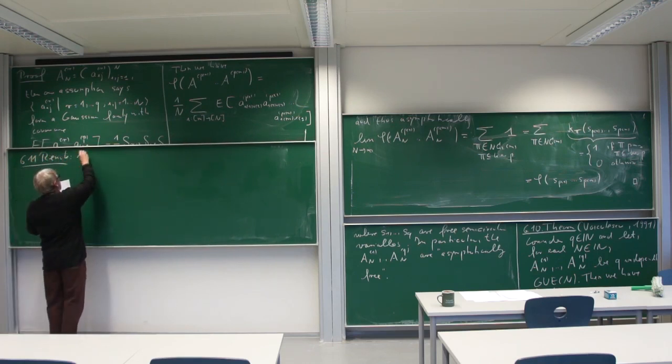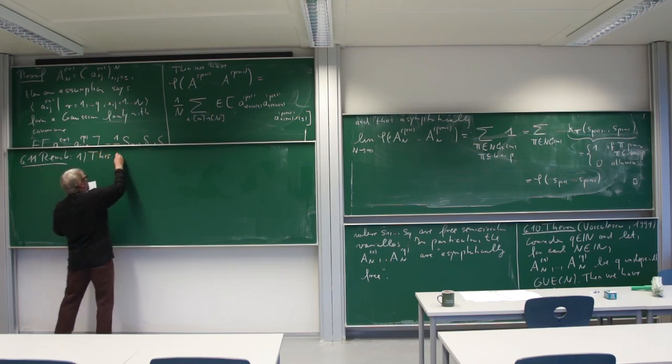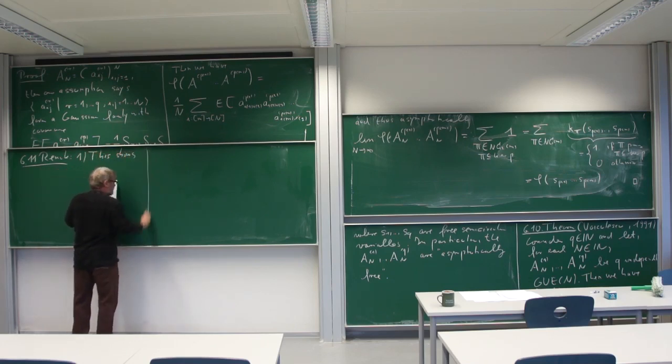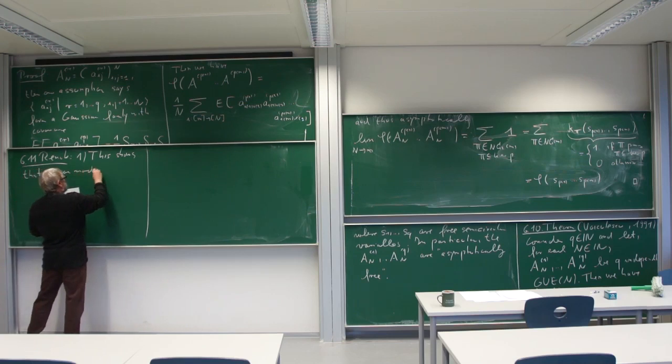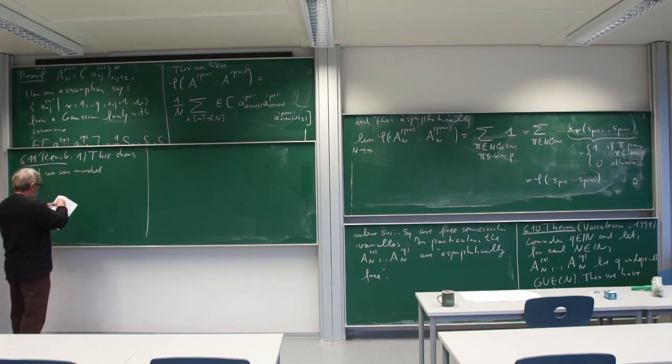So let us mark this. The first, what do we see here? So this shows that we can model 2 free semicirculars by random matrices.